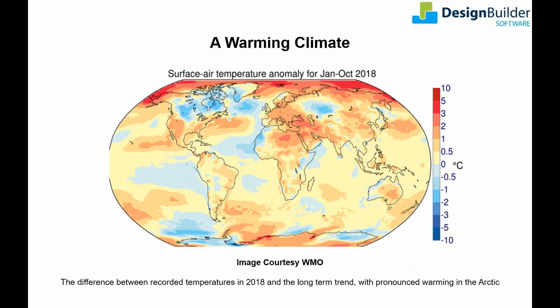Rather than simply mentioning climate change in a kind of abstract way, let's take a look at some specifics. The recent UK 2018 Climate Projections report provided some sobering information regarding likely future weather conditions in the UK.